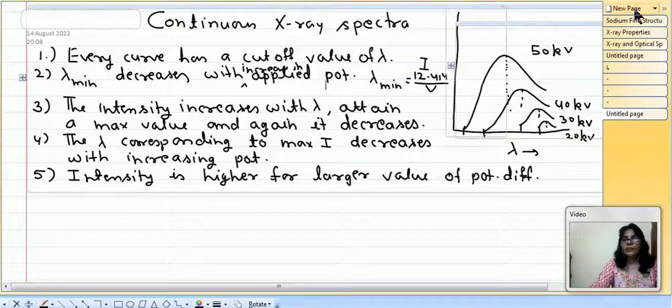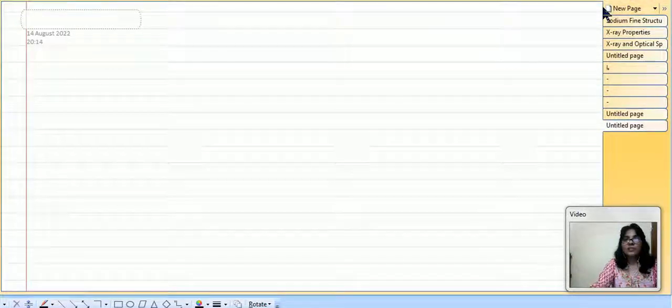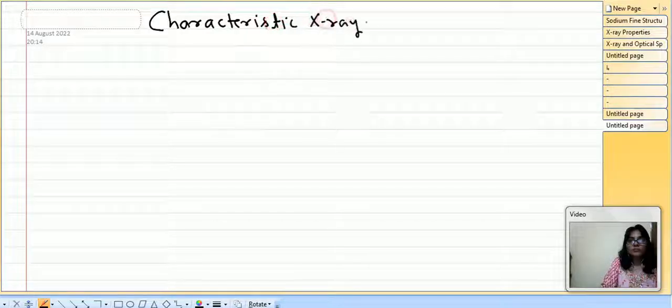Now come to the next topic, which is the characteristic X-ray spectrum. So put the heading characteristic X-ray spectrum.